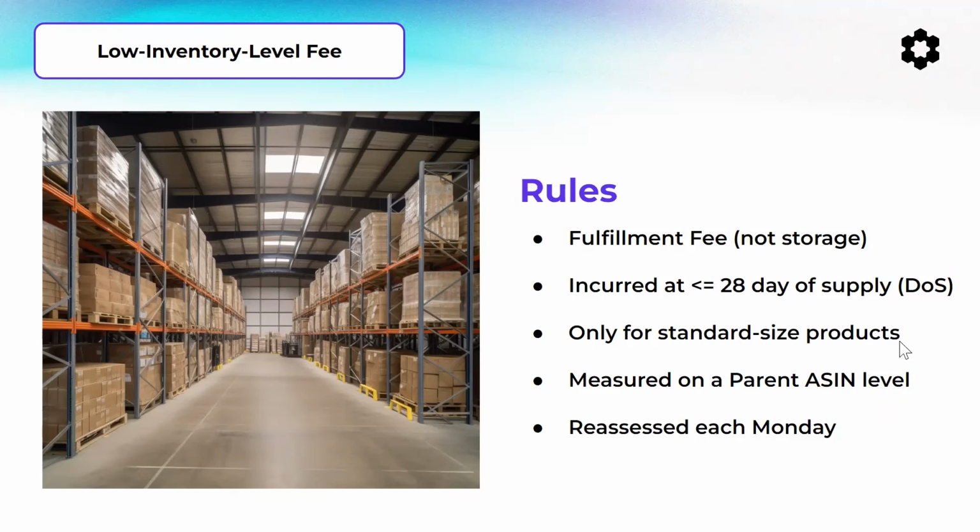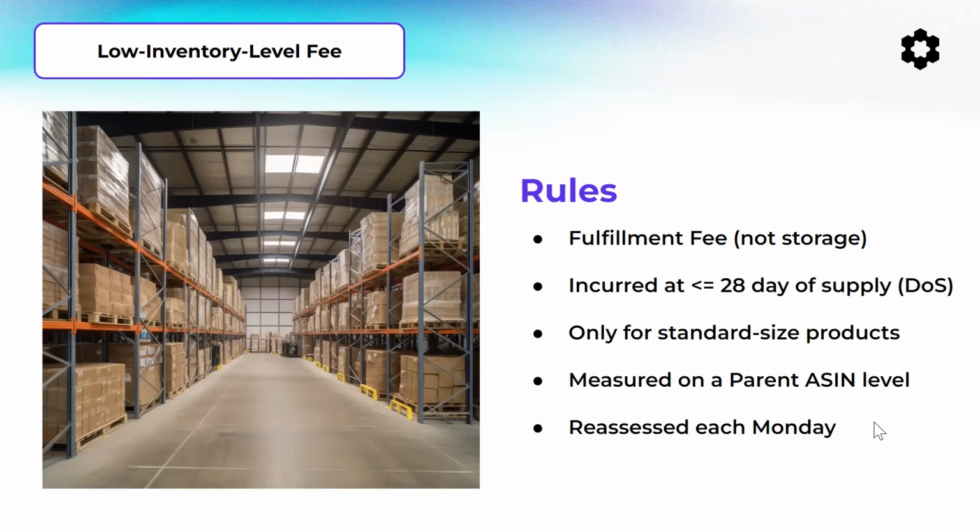It's important to understand this is only for standard size products, so small standard and large standard. And then it's measured on a parent ASIN. So if you've got a bunch of products and some of them sell really quickly, some aren't selling very well, that's going to balance itself out, so you're assessed for all of the items within that parent category.